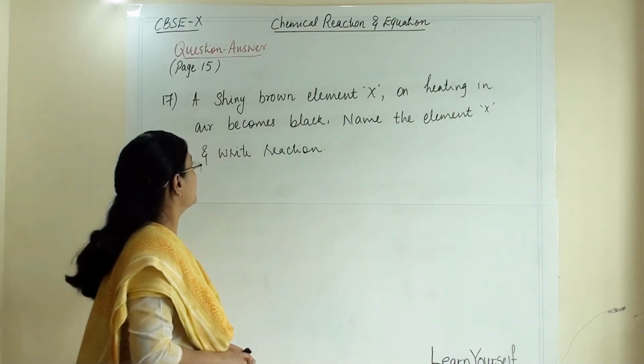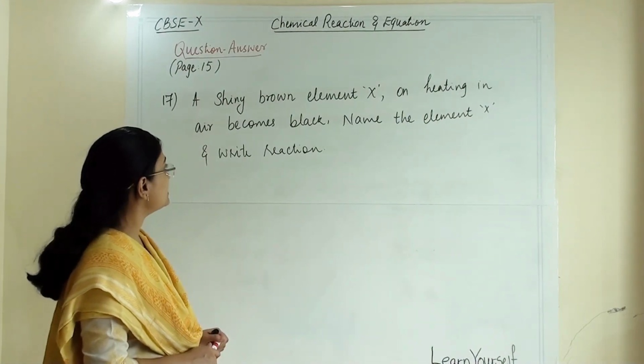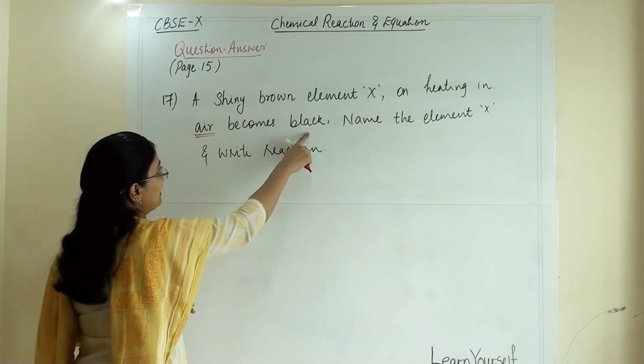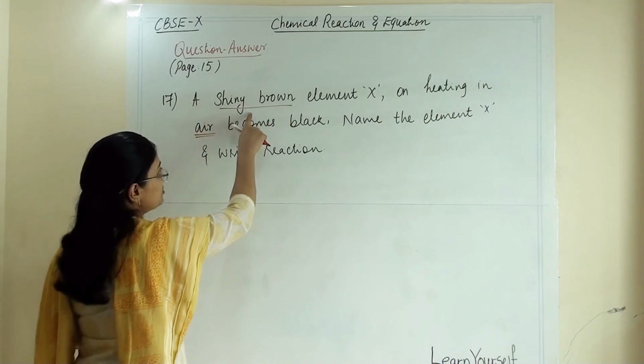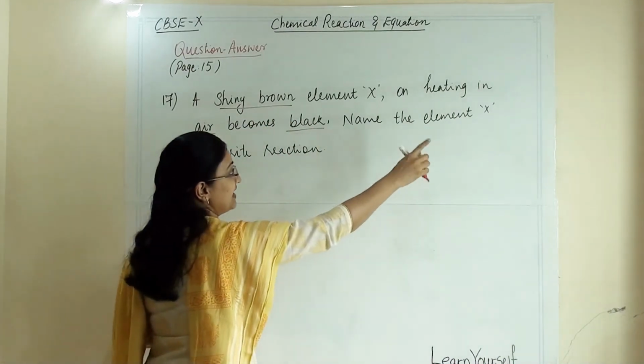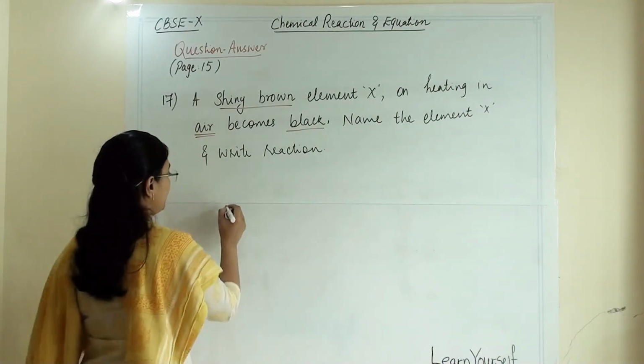17th question says that a shiny brown element on heating in air becomes black. Earlier it was shiny brown, now it is black. So name the element X. Now, the shiny brown element is copper.